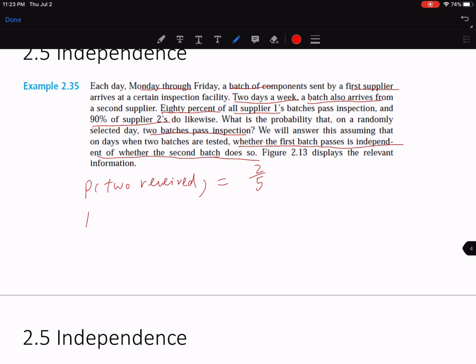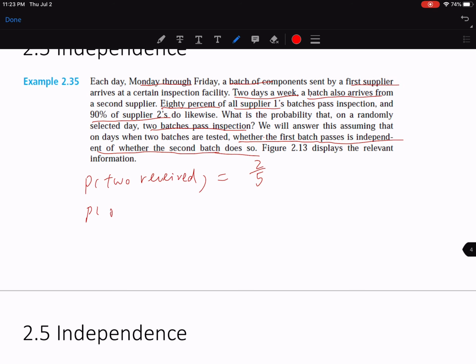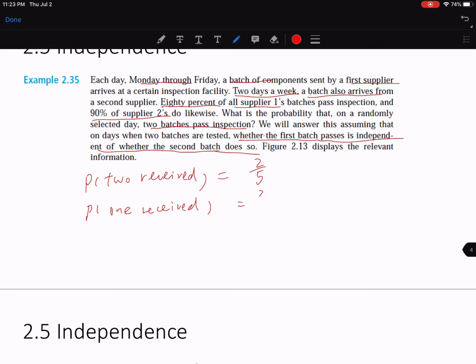And of course the probability that 1 batch is received is 3/5, because there are 3 days that there is no batch from the second supplier. Once we know that the probability that 2 batches are received is 2/5, we can try to find the probability.